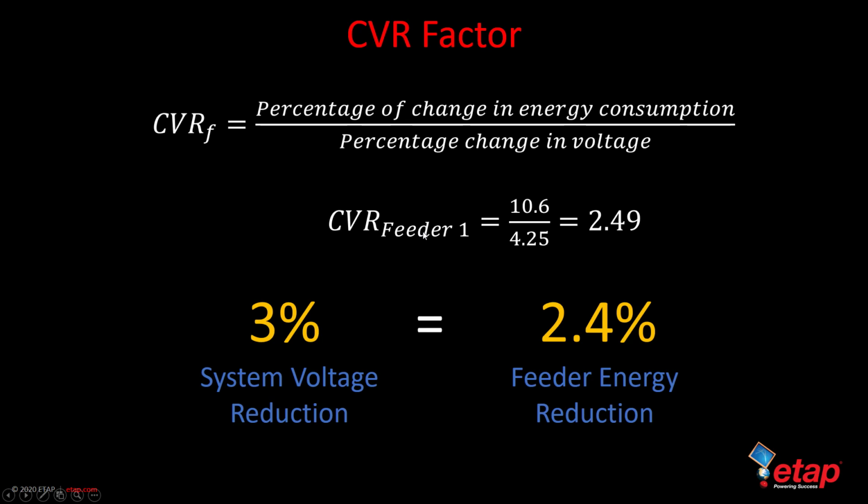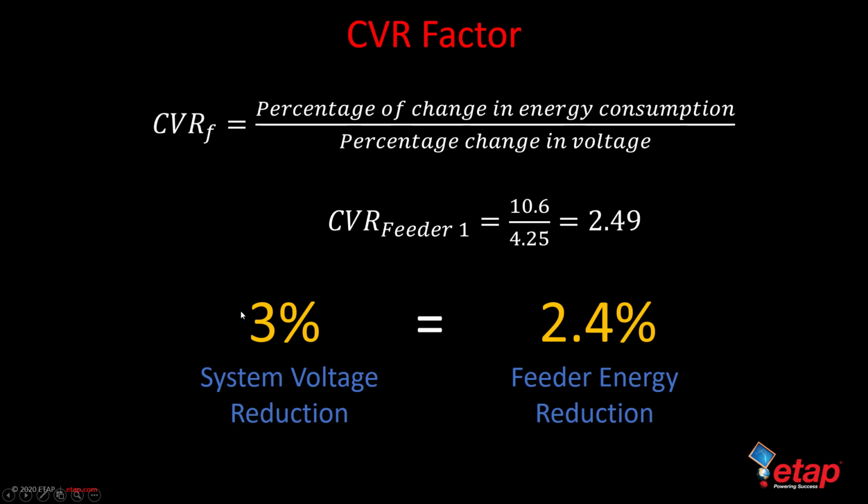So for our example that we just looked at for feeder 1, the CVR factor is basically 10.6% change in energy consumption divided by 4.25% change in voltage, which is a CVR factor of 2.5. So in other words, for every 1% change in voltage that is reduced, we are able to save about 2.5% in energy reduction.